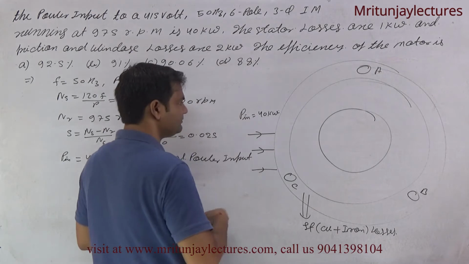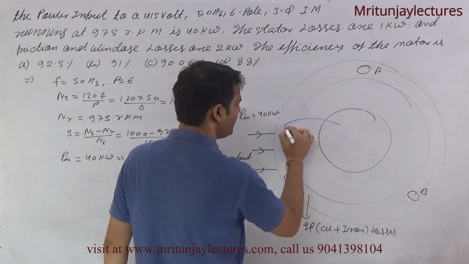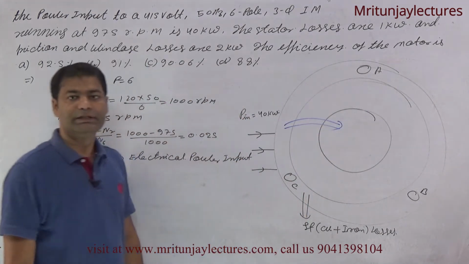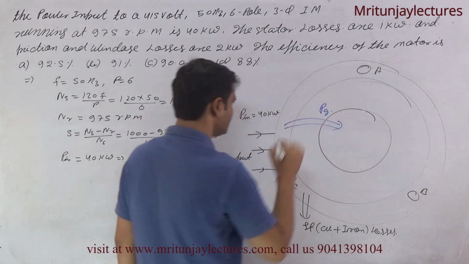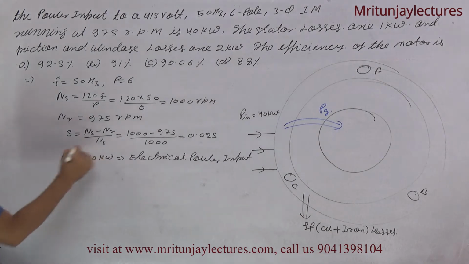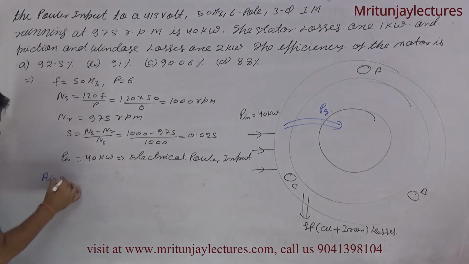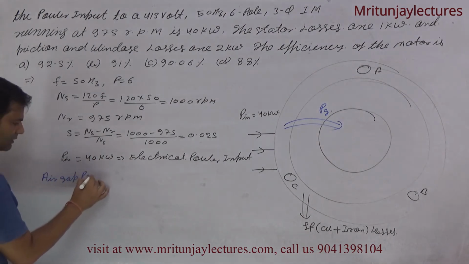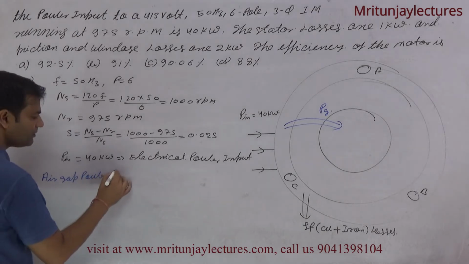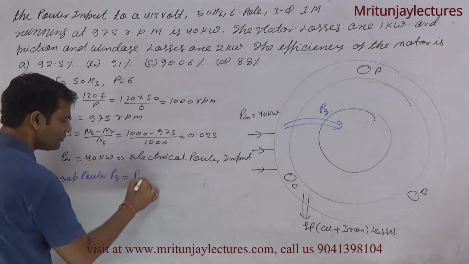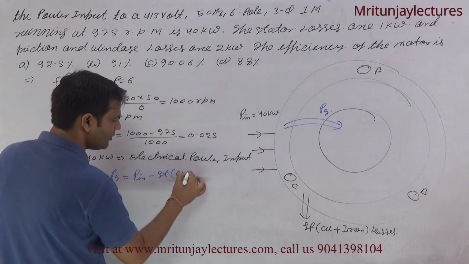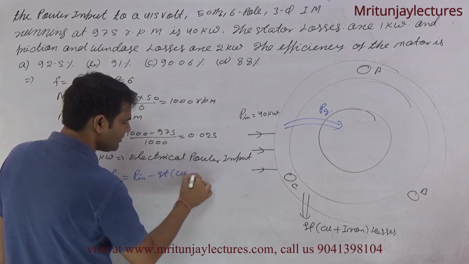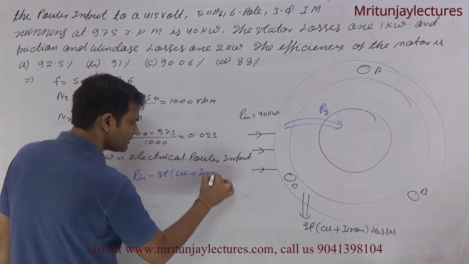After that, the remaining power is transferred from stator to rotor through the air gap, that is air gap power, that is PG. PG is equal to P input minus stator copper loss plus iron loss.